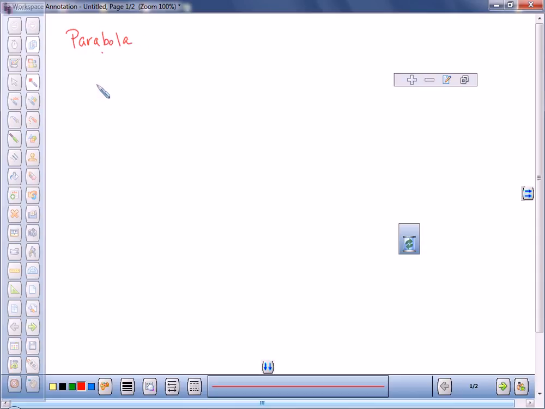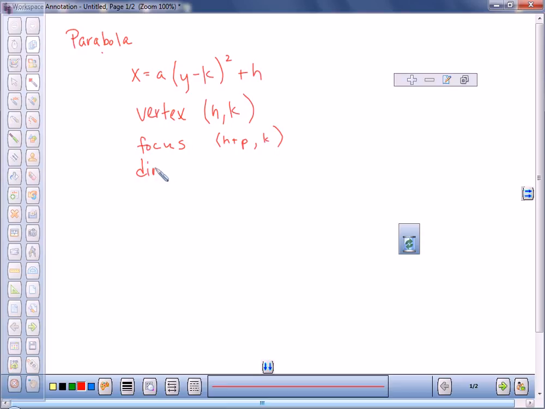We did fill this out yesterday, that we could have x equals a times y minus k squared plus h. So our vertex is still the point h, k, and our focus, this time, as we talked about yesterday, is going to be h plus p, and our directrix is going to be the vertical line x equals h minus p.